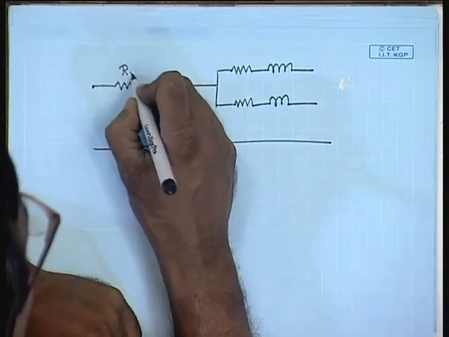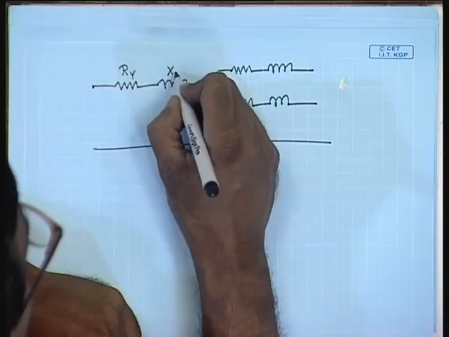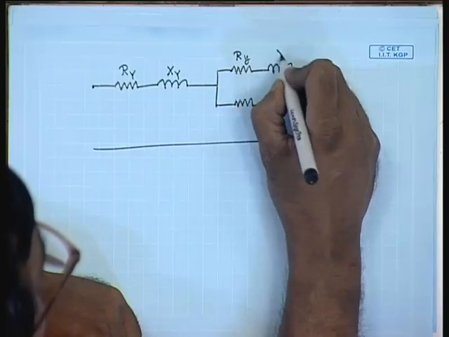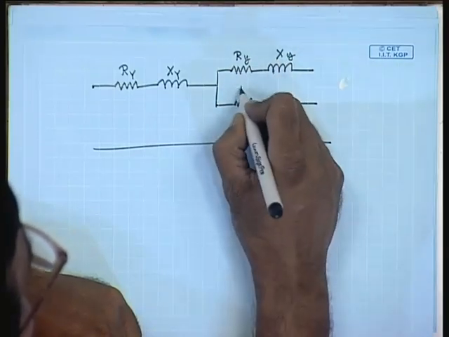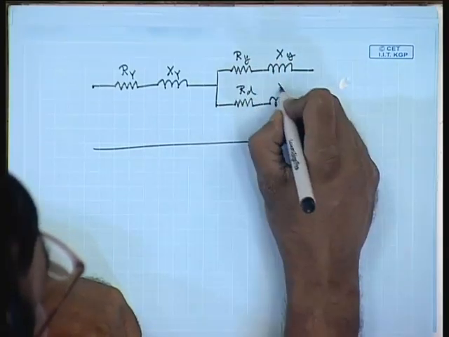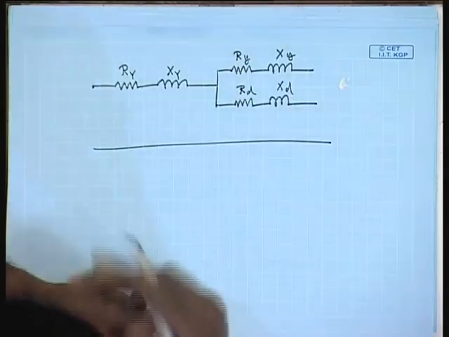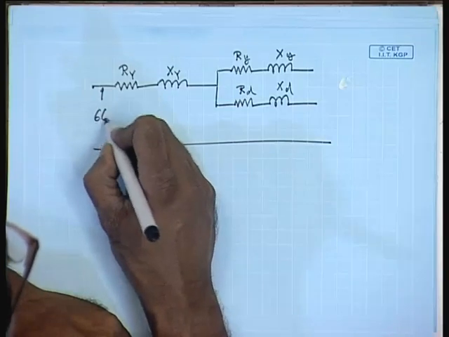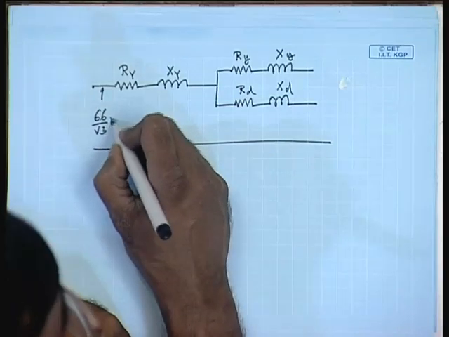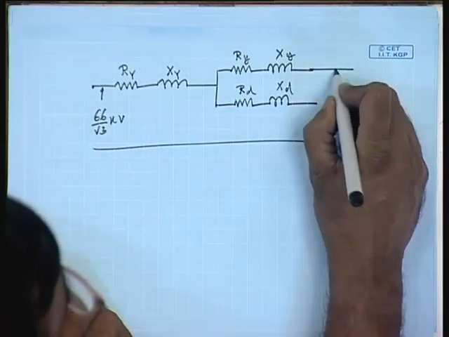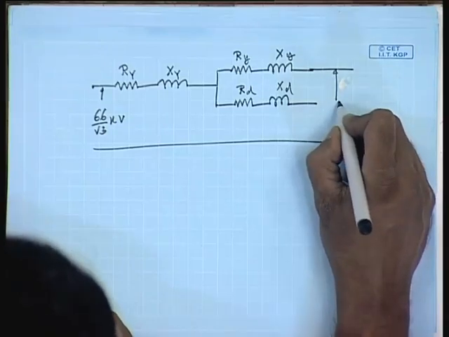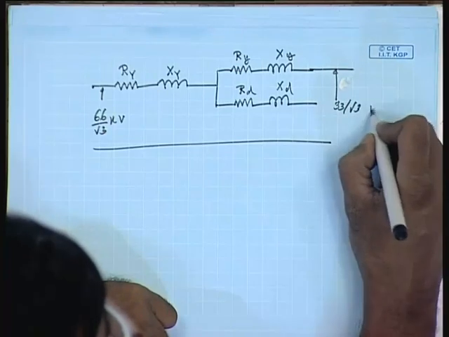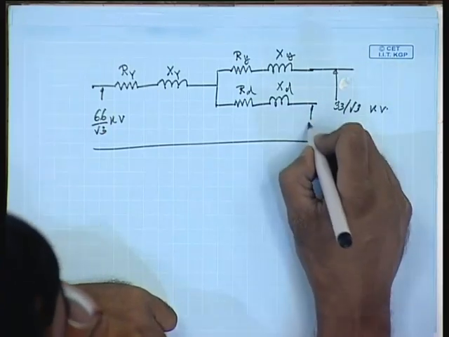This is R capital Y, this is X capital Y, this is R small y, this is X small y, this is R small d, this is X small d. This voltage is 66 by root 3 kV. This voltage is 33 by root 3 kV. This is 11 kV.